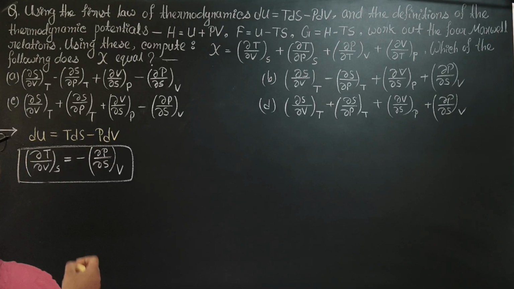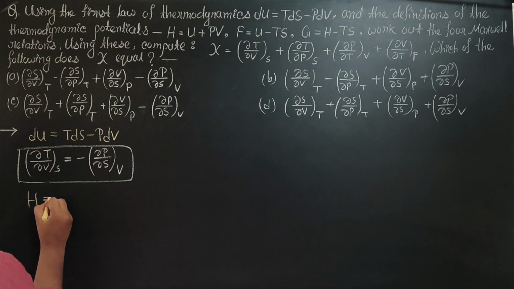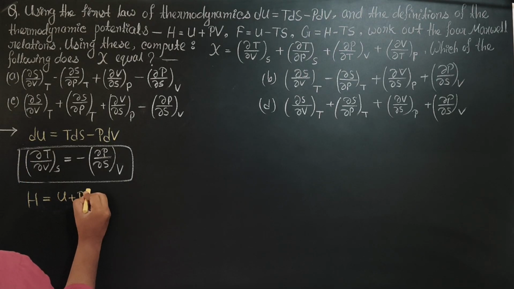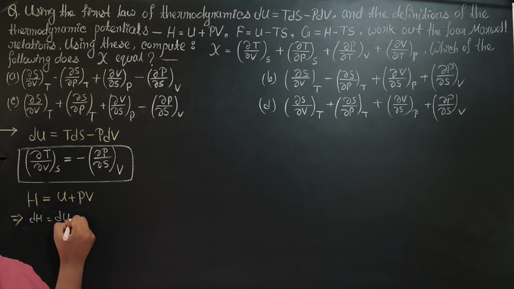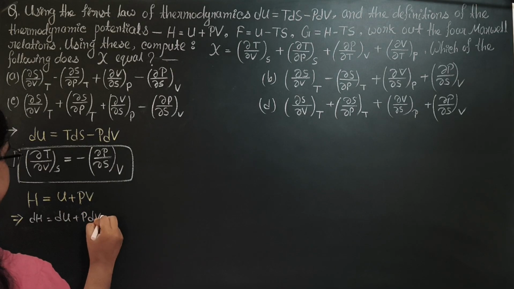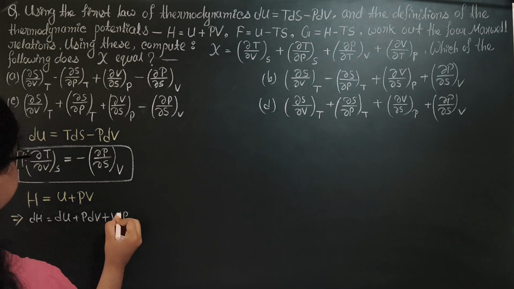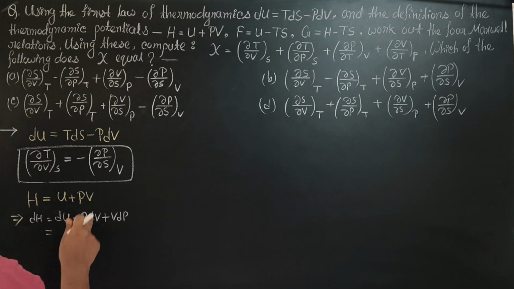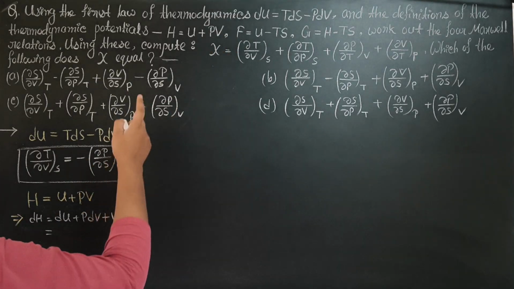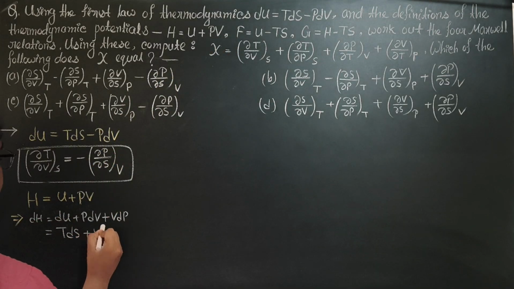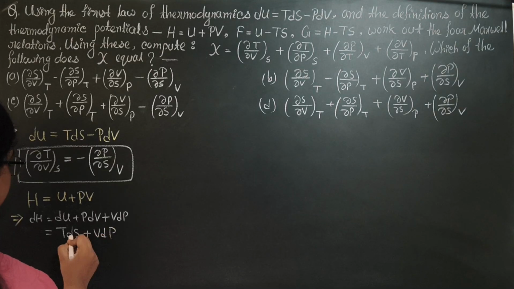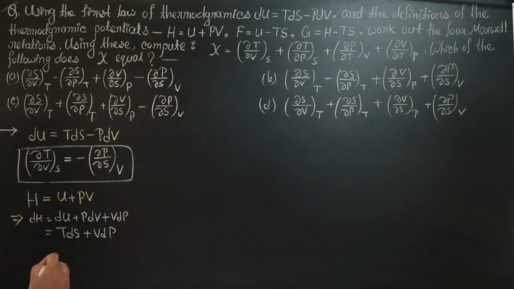Now H equals U plus PV. So dH equals dU plus PdV plus VdP. Now dU plus PdV, from the first law of thermodynamics we can write as TdS, sorry, dU is TdS minus PdV, so we get TdS plus VdP.